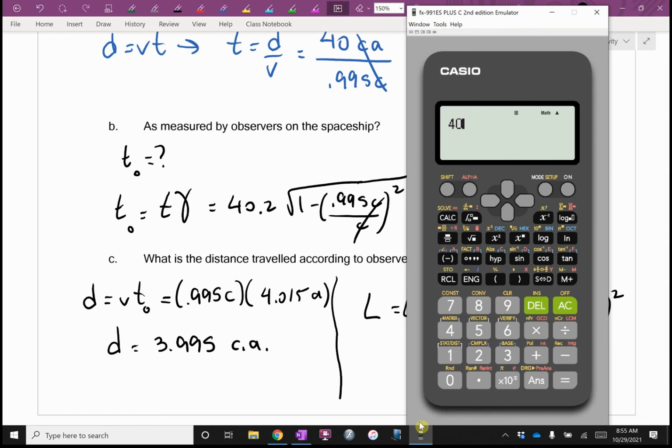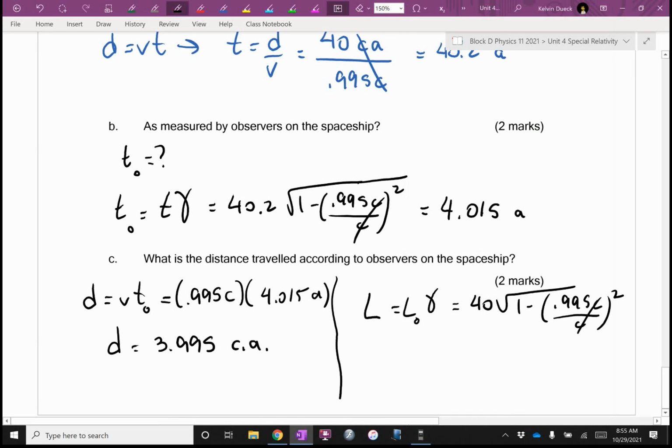They're going to get 40 times the square root of bracket 1 minus 0.995 squared. And you get exactly the same answer, 3.995 light years.